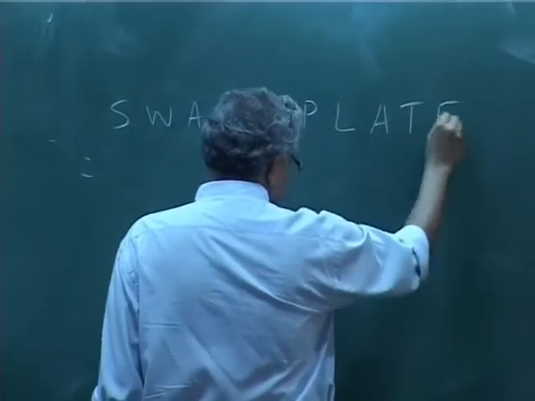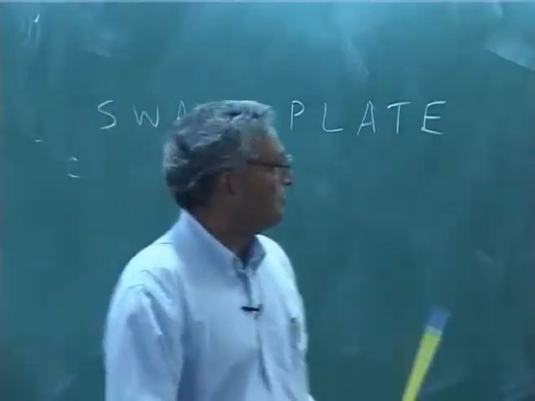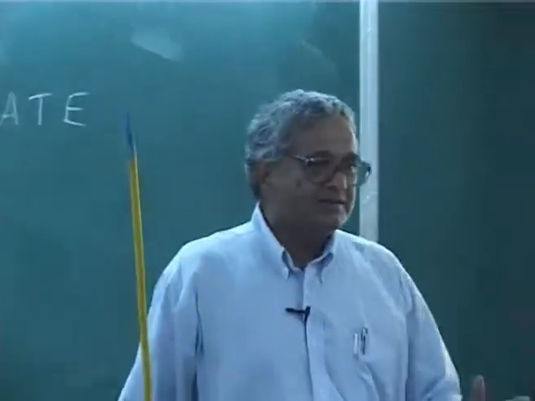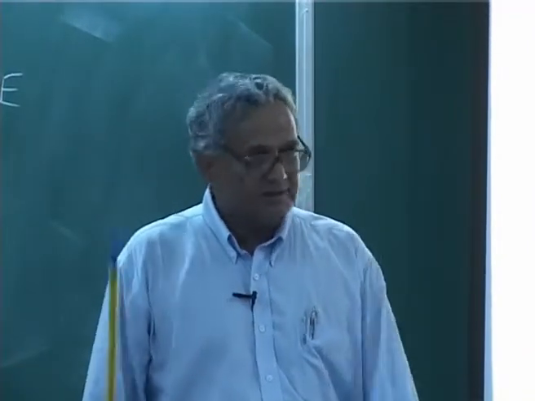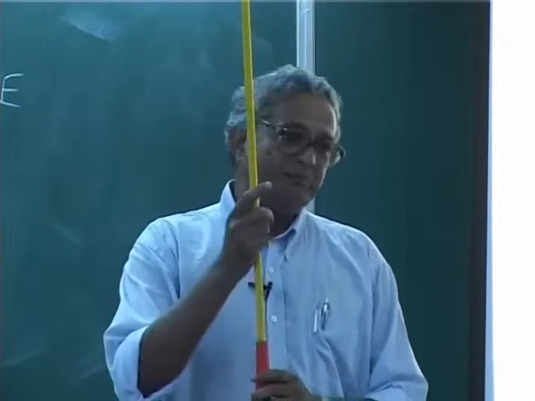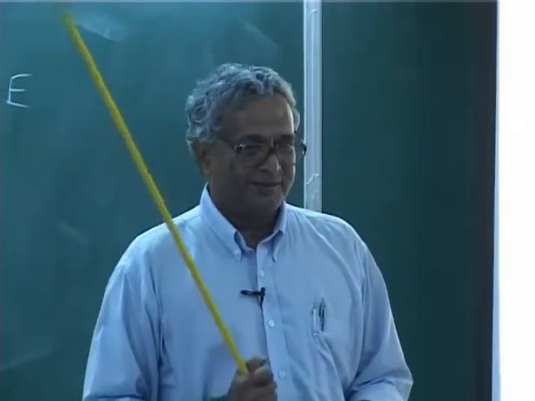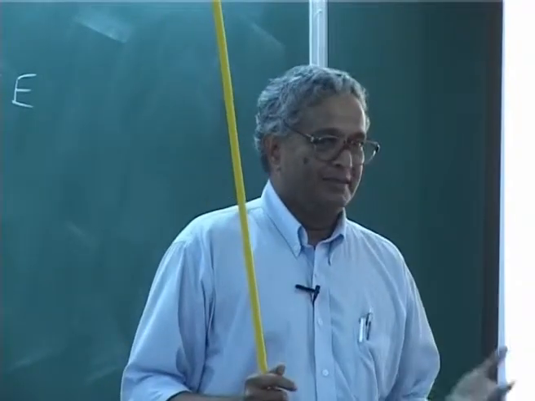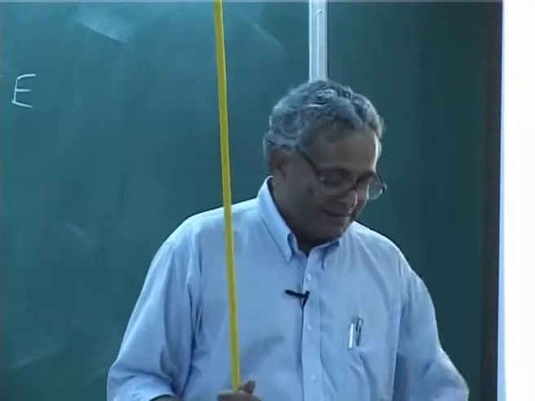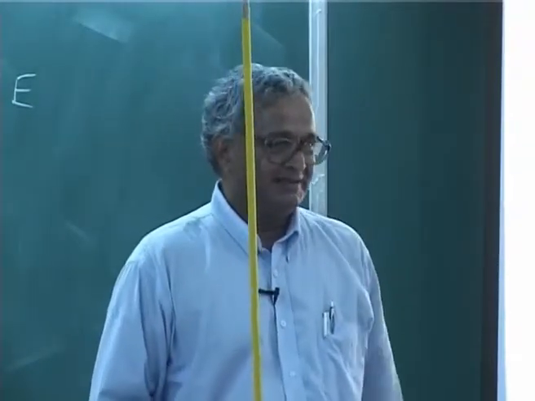What is this? I will show a component which we have, because the pilot is sitting in the non-rotating frame, and the blades are in the rotating frame. You have to transmit the control from the non-rotating frame to the rotating frame.